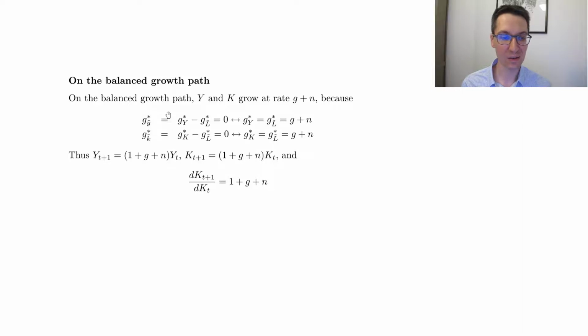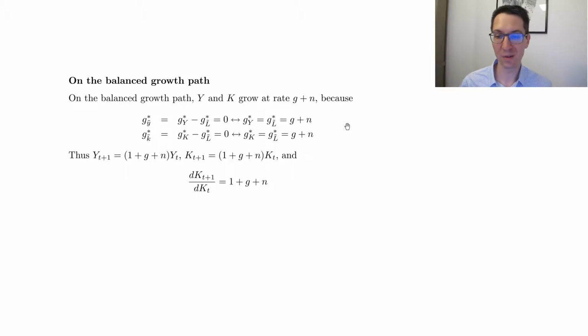And what I just said, it's output per effective worker. So it means that its growth rate is equal to the growth rate of output minus the growth rate of effective workers. So then I find that the growth rate of output is equal to the growth rate of effective workers, which is, as we know, equal to g plus n.